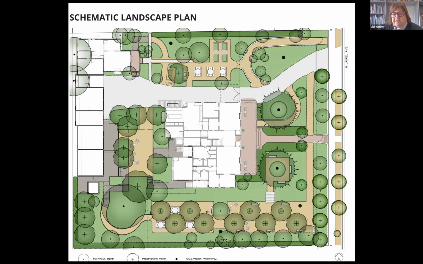What we'll be doing is looking to simplify what's out there right now, because over the years it's kind of been an accretion of a lot of different materials, no editing. And so what we'll be doing is something that's simple, that's easy to maintain, that is drought tolerant and resilient, you know, for the coming years that we all expect to get hotter.